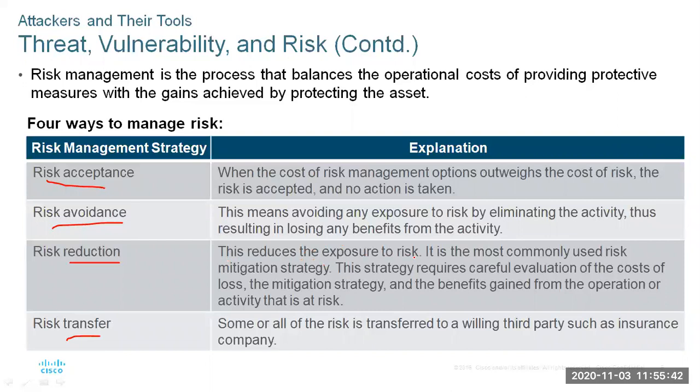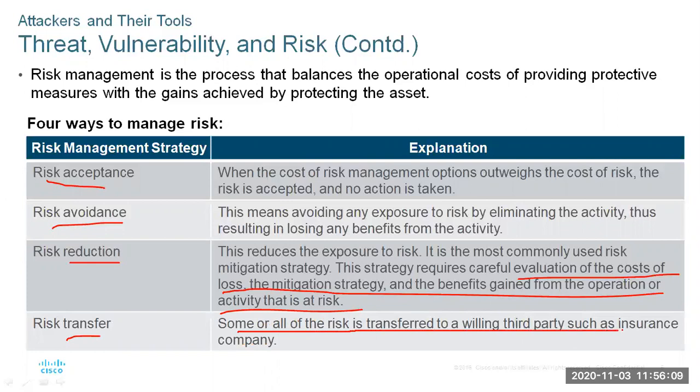It is the most commonly used risk mitigation strategy, and sometimes it requires careful evaluation of the cost of loss, the mitigation strategy, and the benefits gained from the operation or activity that is at risk. With risk transfer, some or all of the risk is transferred to a willing third party, such as an insurance company.